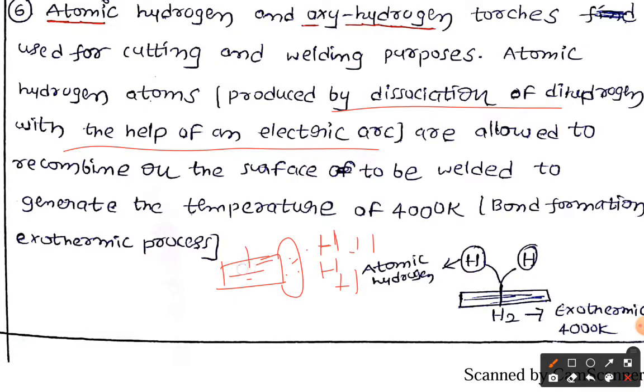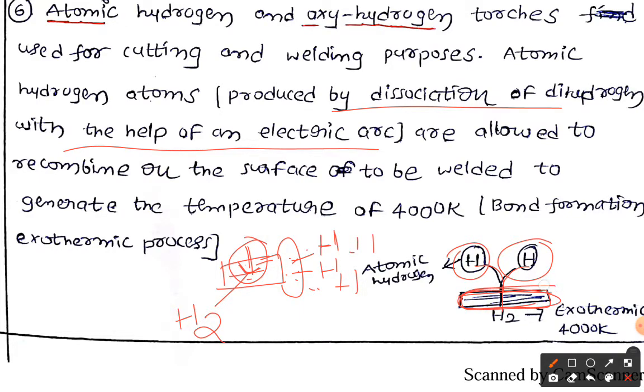So in the torch we have the electric arc. With the help of the electric arc, dihydrogen produces atomic hydrogen. Now here you can see the atomic hydrogen. We expose this hydrogen on the metal. These atoms form the bond on the surface of the metal.